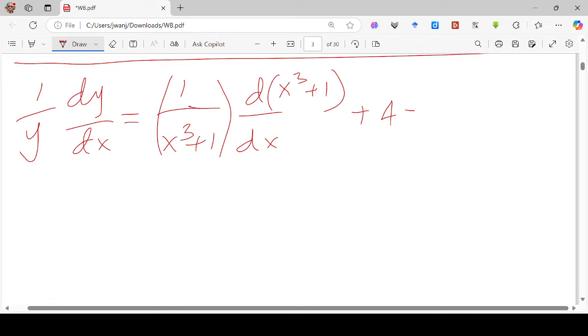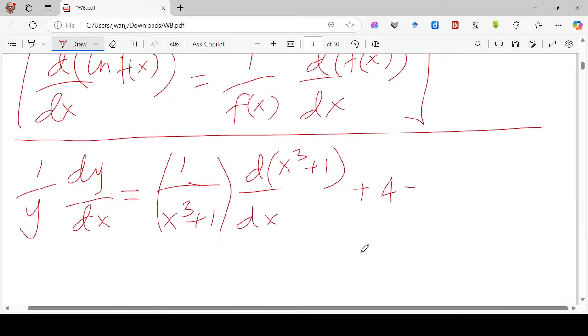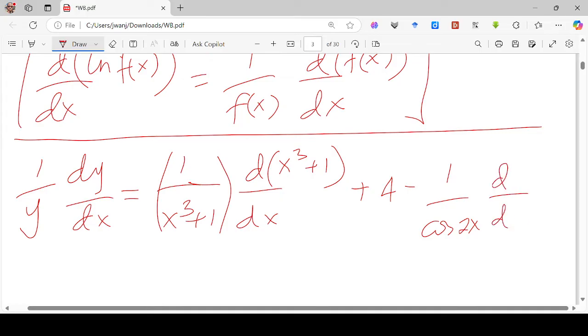Then the last term we have, the function is cosine of 2x. So we have logarithm of cosine of 2x. If you replace f of x here with cosine of 2x, then you get 1 over cosine of 2x d by dx of cosine of 2x.